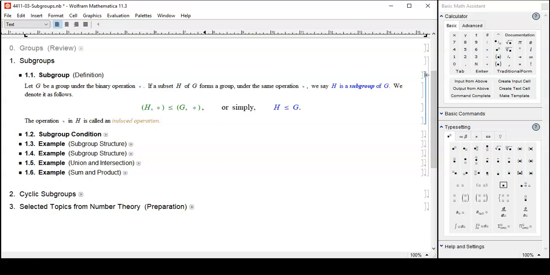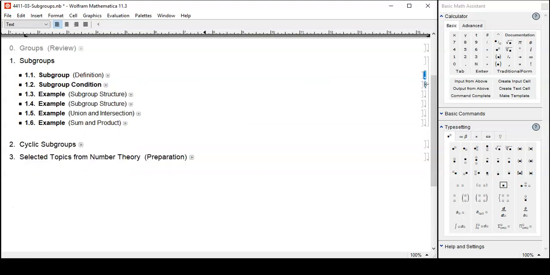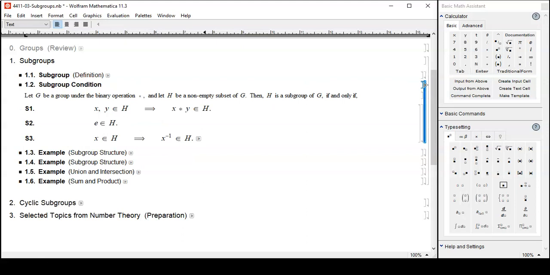Okay, so much for the definition. However, that's not really a practical way to test whether a given subset is a subgroup or not. This is the practical set of criteria. A subset H of a group G is a subgroup if and only if, number one, the algebraic operation is well defined within H, or equivalently speaking, the subset H is closed under this operation.